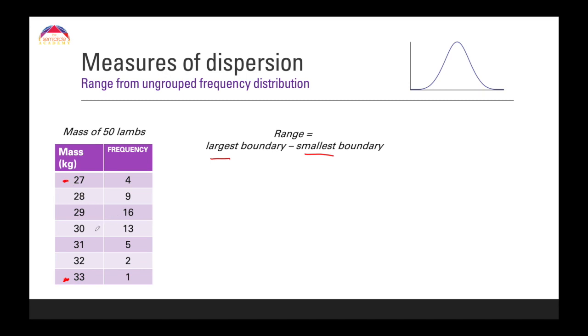So anybody remember what boundaries are about? Could somebody figure out what the largest boundary and the smallest boundary are? The smallest number is 27, so the smaller boundary would be 0.5 right before that, which is 26.5.